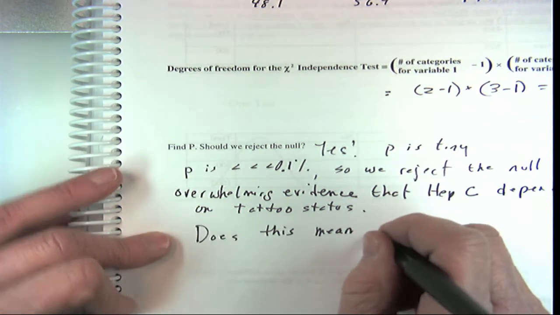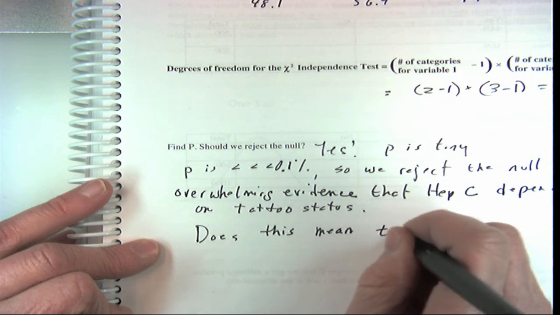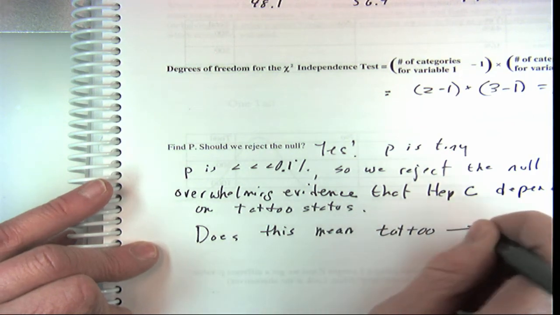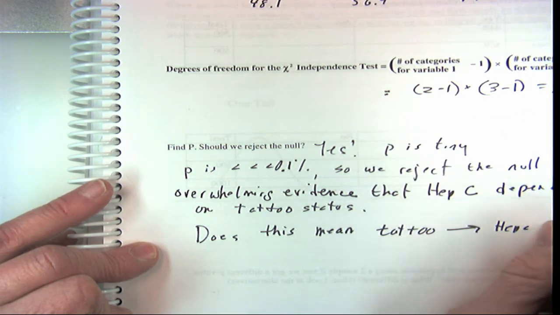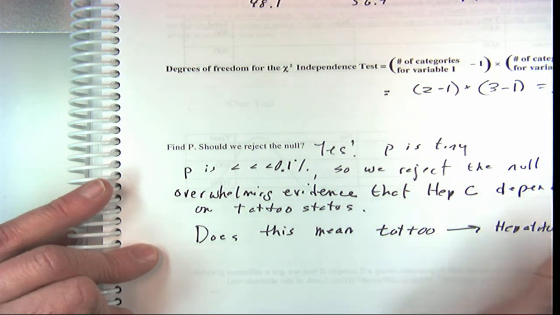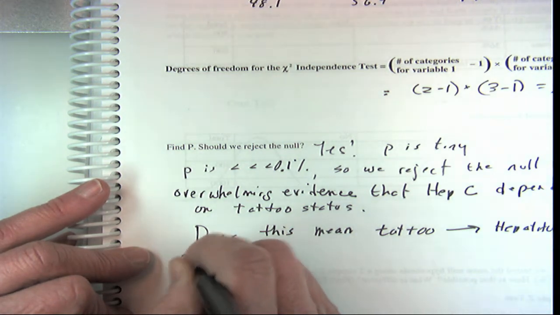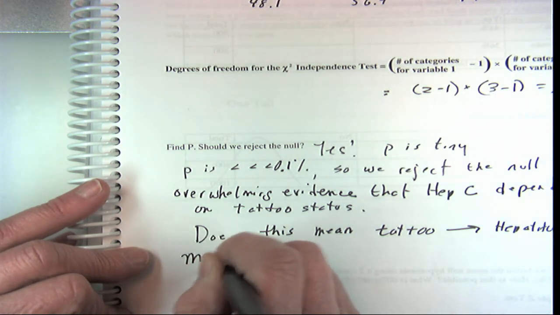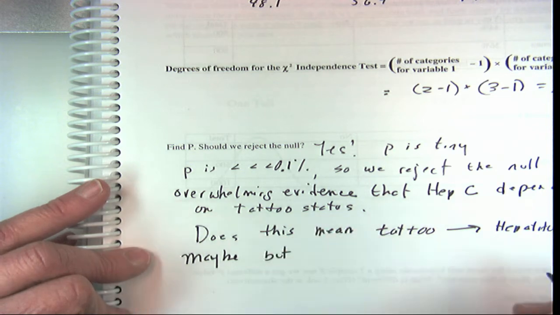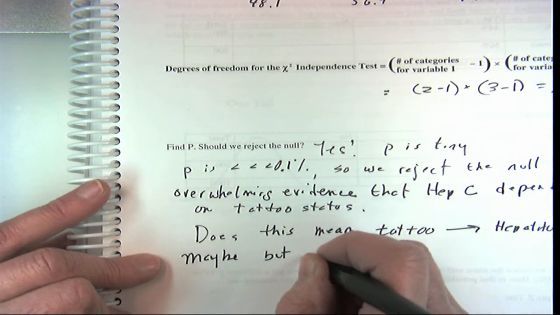Does this mean that getting a tattoo, or something about a tattoo, causes hep C? It could be, maybe. But all we see is an association, and we don't know.